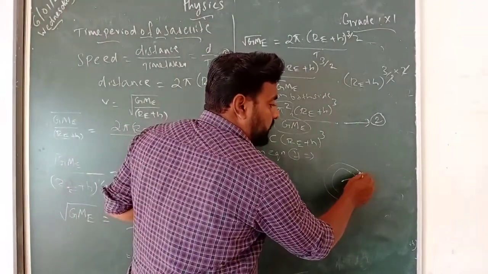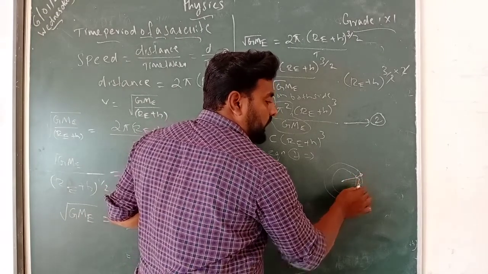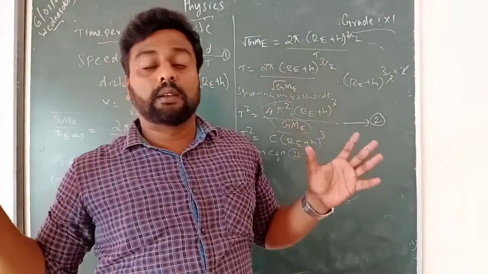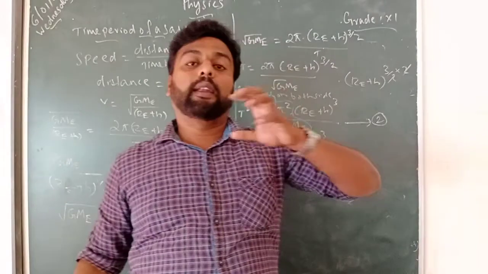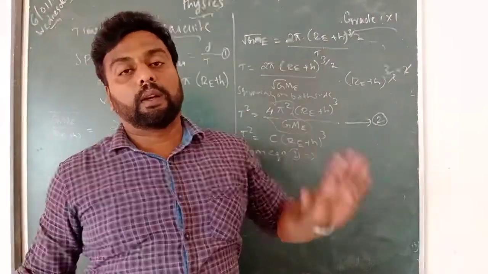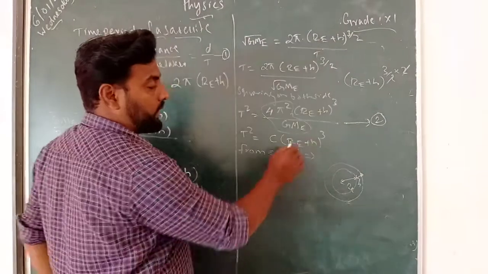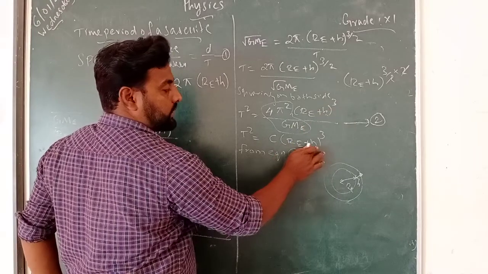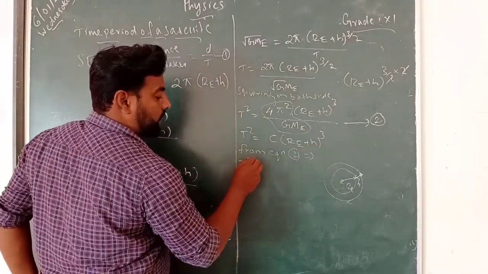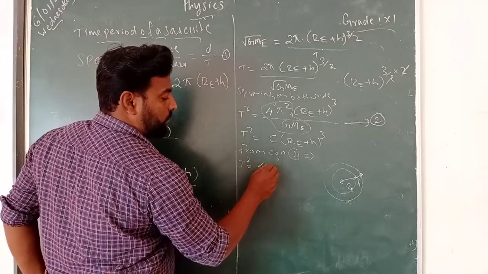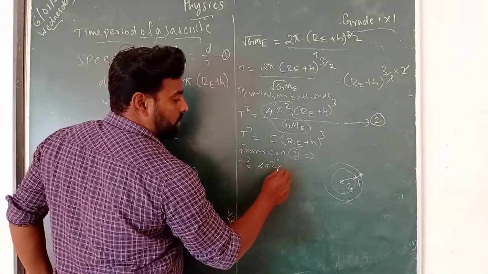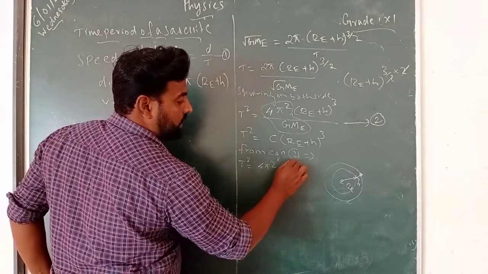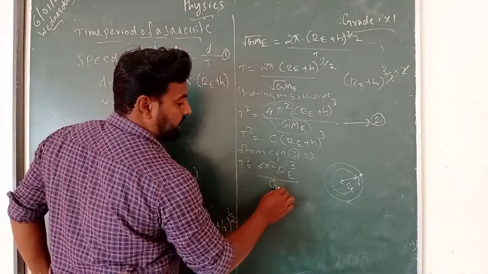So we can neglect the height of the satellite from the earth surface. Neglect the height means just neglect this h from this equation and write. So T square equal to 4 pi square into R_E the whole cube by GM_E.